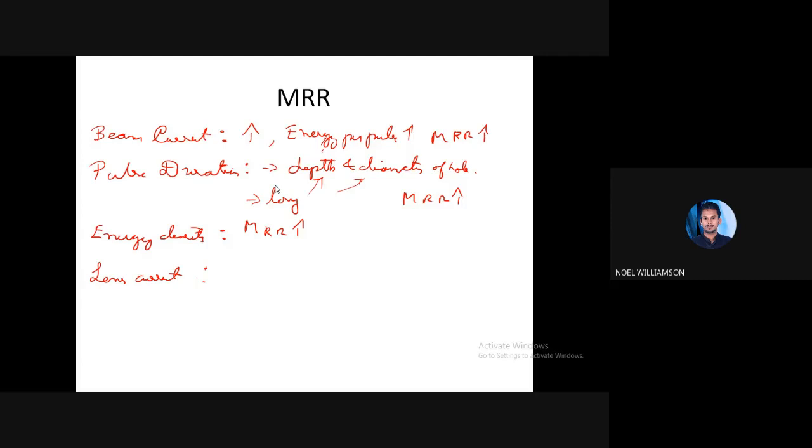Now there is one equation for the material removal rate and velocity of the electron beam. So just note it.